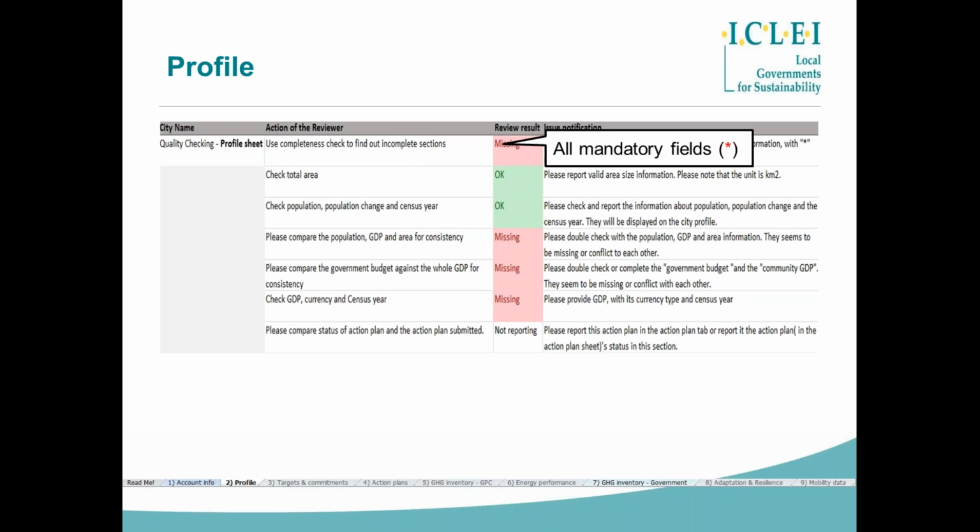Those are all the mandatory fields that we ask the cities to report. And then we will also be looking at consistency between total area, population, and GDP. So if you see a number which is obviously wrong here, please take this into consideration.